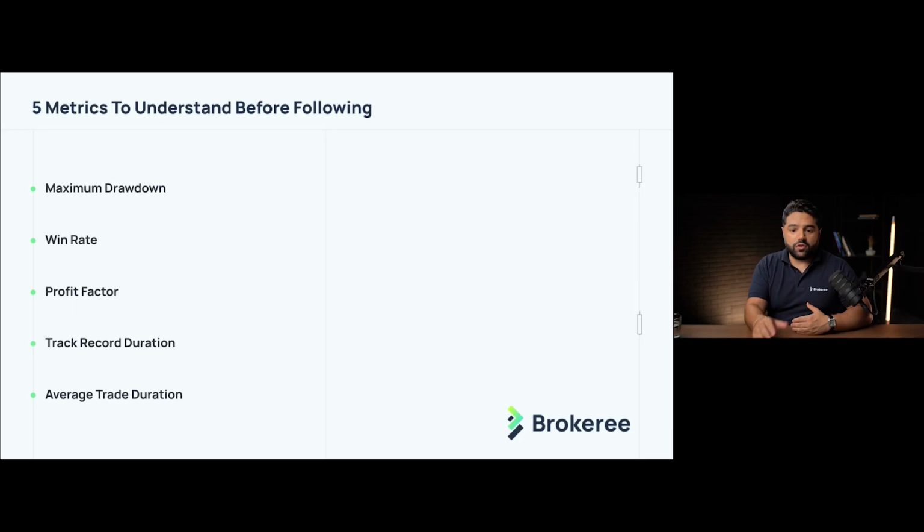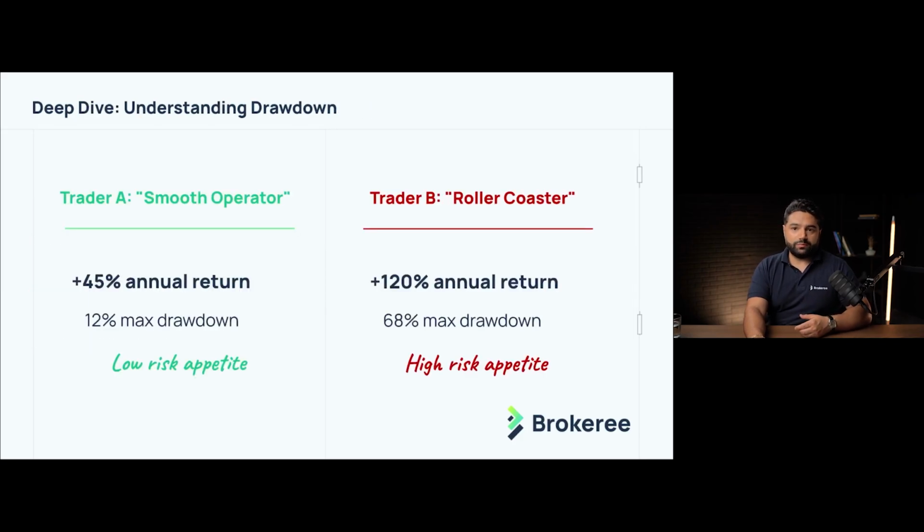Check their maximum drawdown. Is it increasing? Is it decreasing? Is it stable? Their win rate, their profit factor, and much more information. Again, very easy to track, very easy to access. And if the information reflected makes sense to you and suits you, you can start following that provider. And that would get you to making a better and more aware decision.